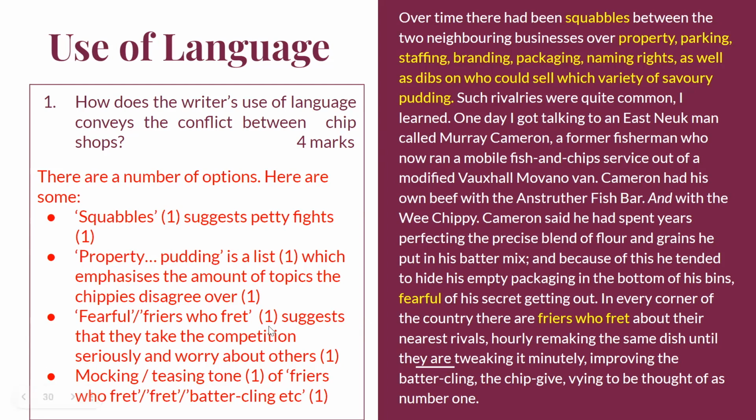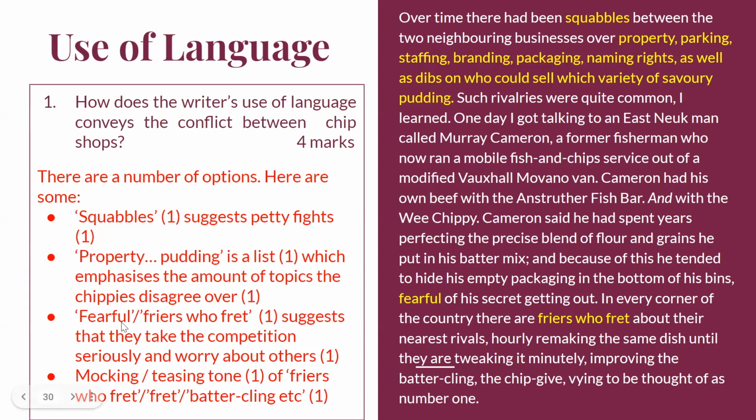We then have fearful and friars who fret. Now, fearful, so you can write fearful, you would get a mark, suggests that they worry about other people, or they worry about the competition, that sort of thing. Fret also means to be frightened or worried, and that's why they're together. They essentially mean very similar things, so it would be very hard for you to get 4 marks for that, and the way I've written my answer scheme, you wouldn't.